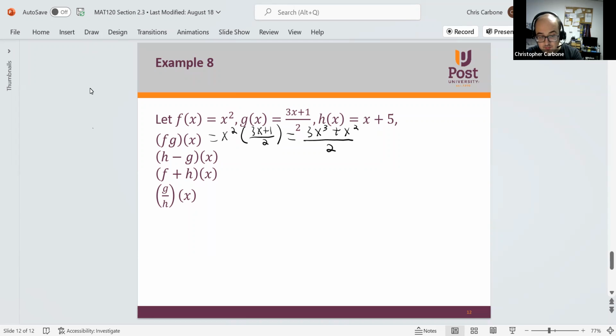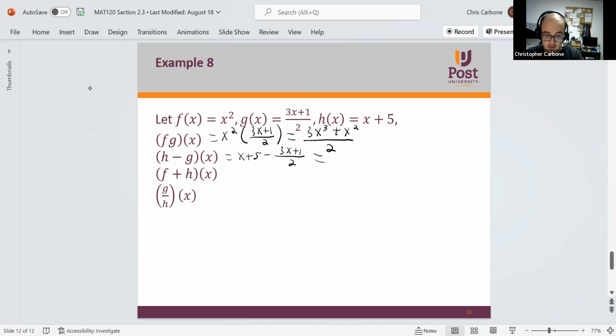All right, h minus g of x. This would be x plus 5 minus 3x plus 1 divided by 2. We can simplify this a bit by doing a common denominator, in this case of 2, and rewriting this. Rewriting the x plus 5 with a denominator of 2, that'll be multiplying the numerator by 2.